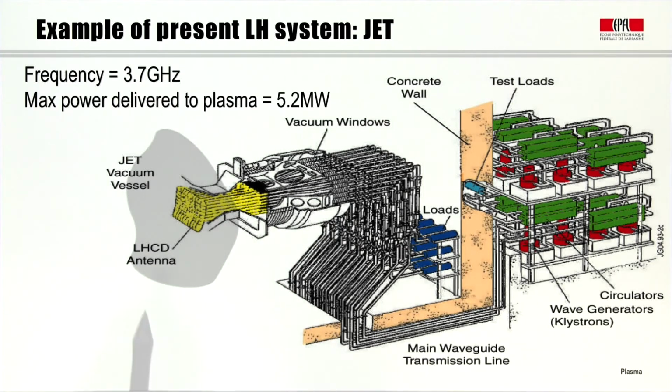And as in the other system, we go back from the plasma to the antenna, which we have seen in the form of a grill. There's a set of feed-throughs here, and then there are transmission lines that pass through the concrete wall and the torus hall, and then, of course, they are connected to the generators, which are in the form of klystrons.